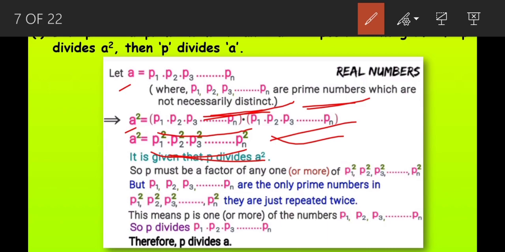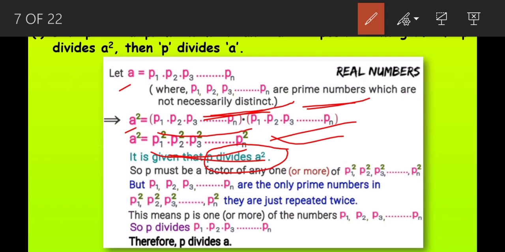Now it is given that P divides A square. What does it mean? P will be a factor of A square.